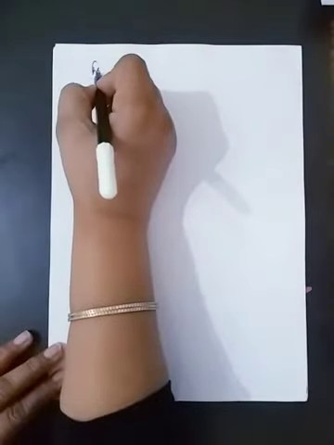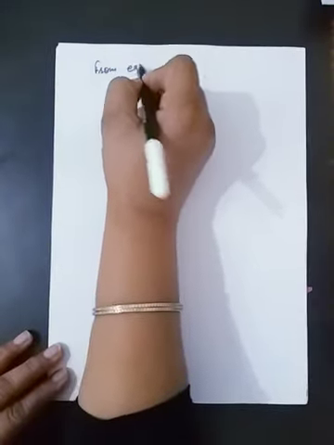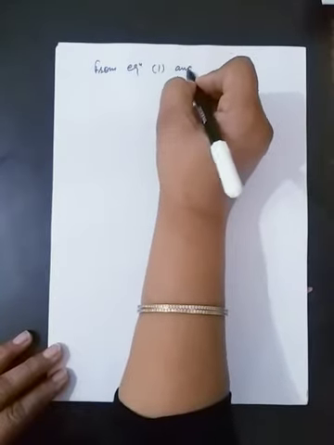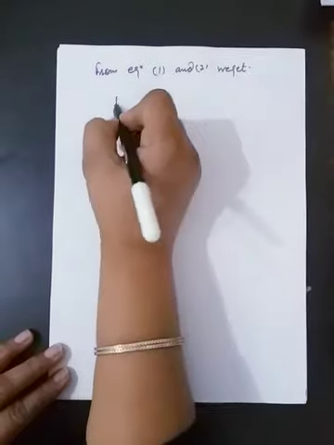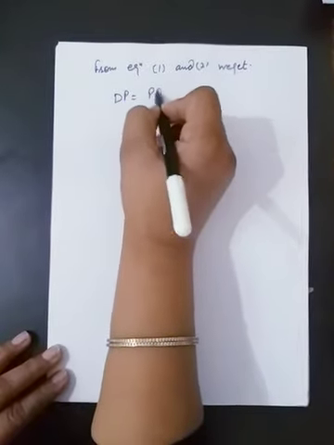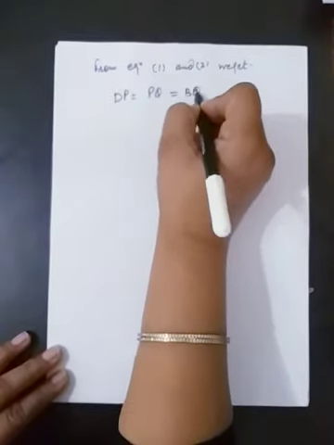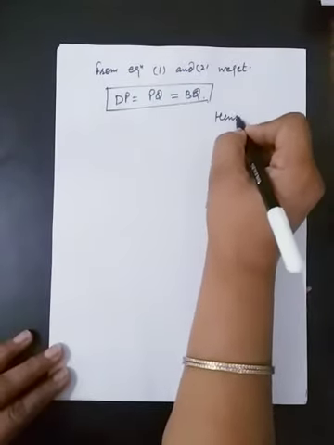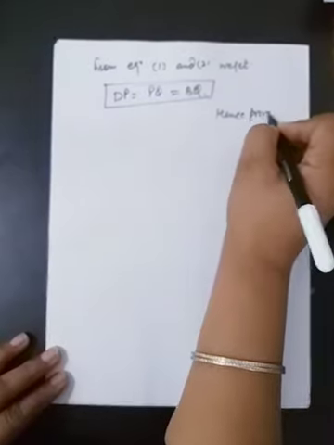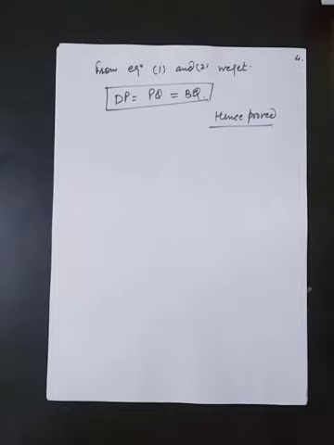So from equation 1 and 2 we get DP is equal to PQ is equal to BQ, and this is our result, hence proved. Next question.